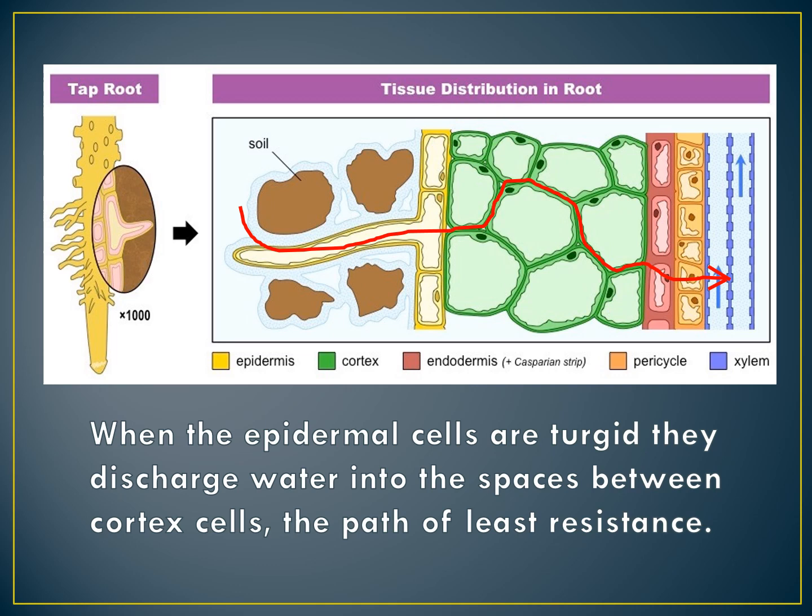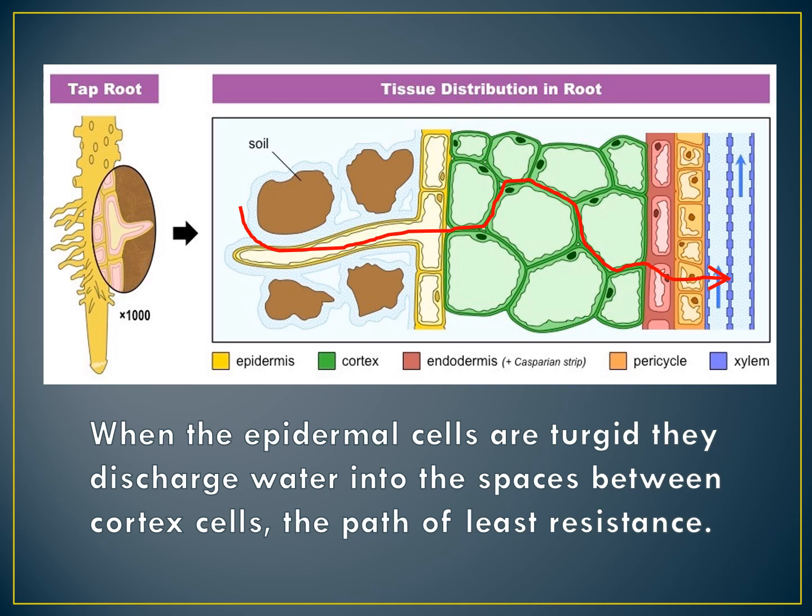And then past the epidermis you have a large layer of cells called the cortex. And the cortex are made primarily of parenchyma cells. And then as you move through the cortex, you come to the endodermis, with the Casparian strip, and then finally once you pass through that you get to the xylem, which is at the center of the root.